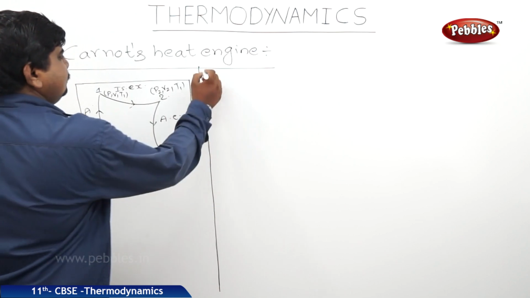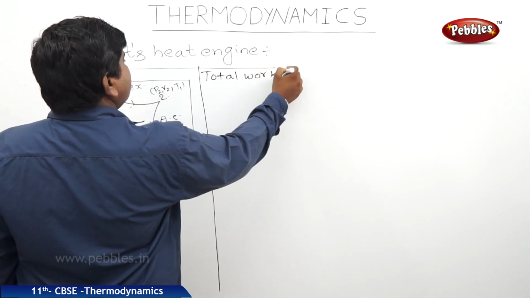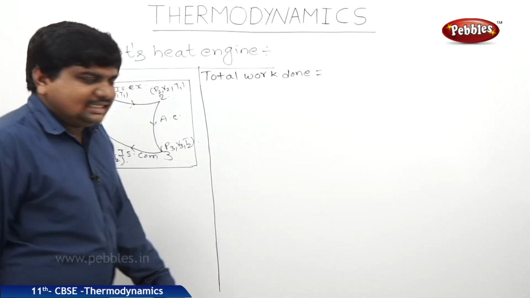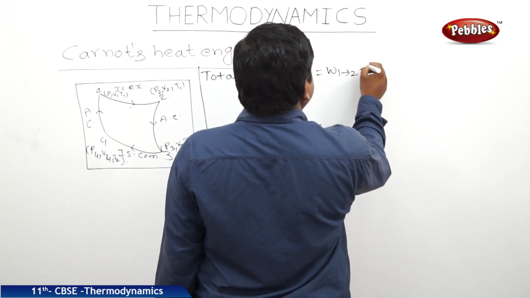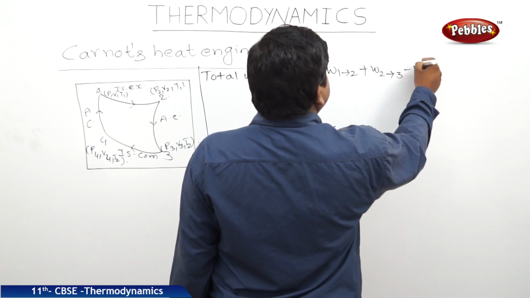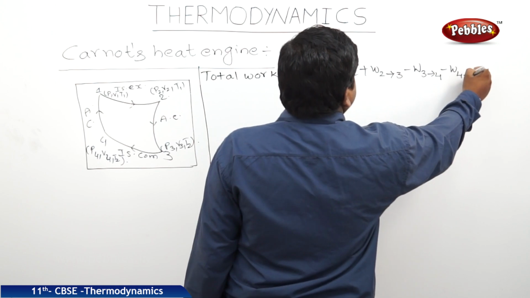So, therefore, the total work done in case of Carnot's heat engine is W1 to 2 plus W2 to 3 minus W3 to 4 minus W4 to 1.